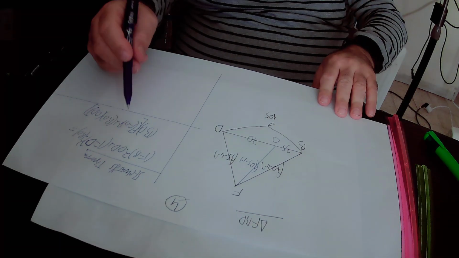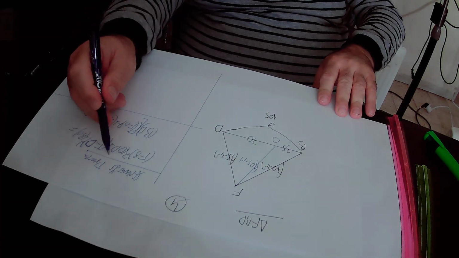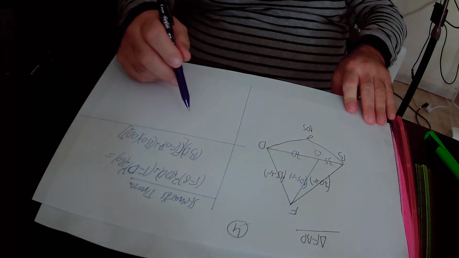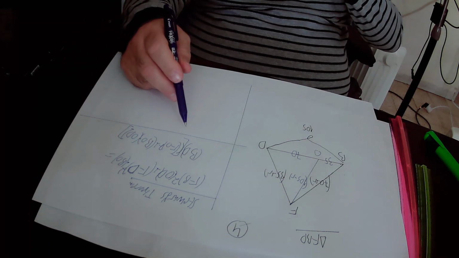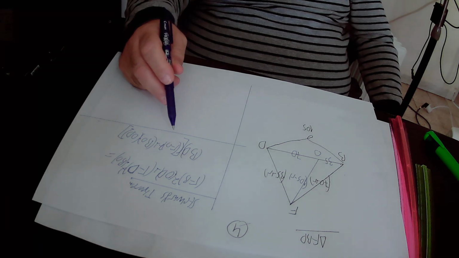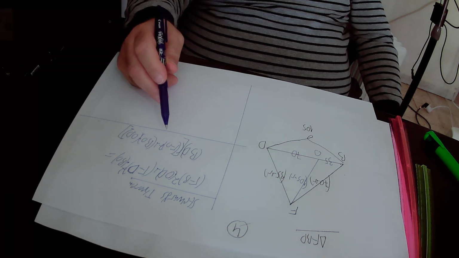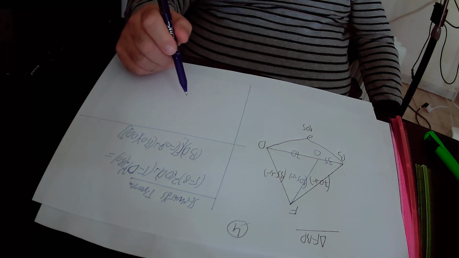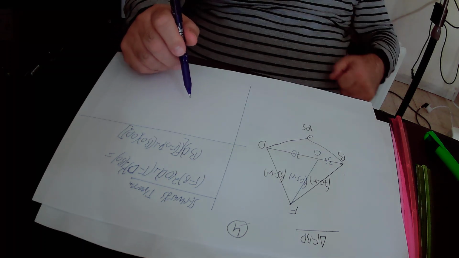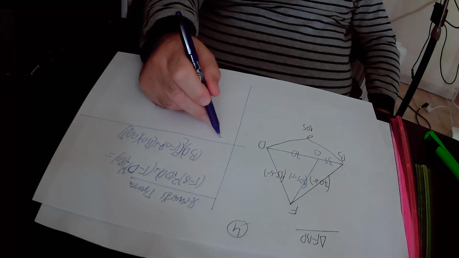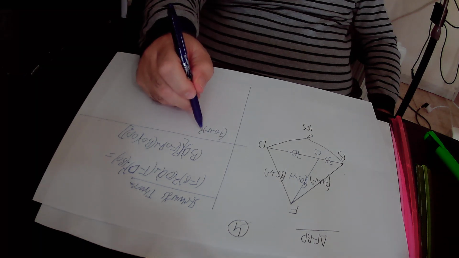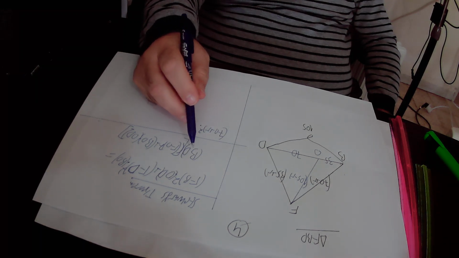FB squared times OD plus FD squared times BO equals BD. We open the brackets. Inside the brackets we have FO squared plus BO times OD. So FB is 70 plus R, therefore FB squared is (70 plus R) squared times OD.